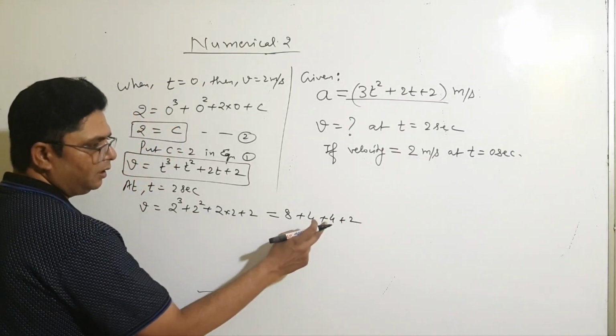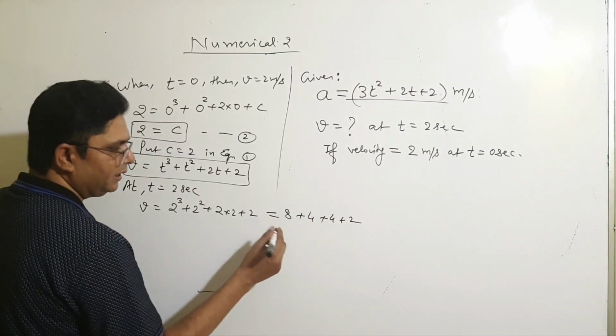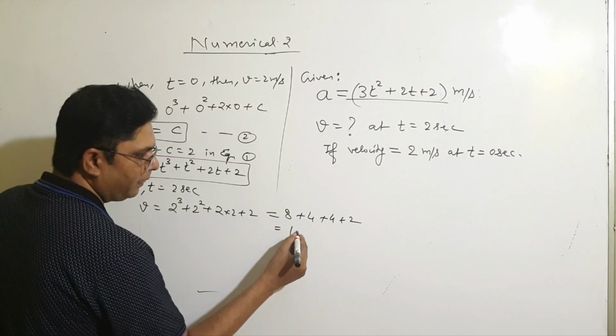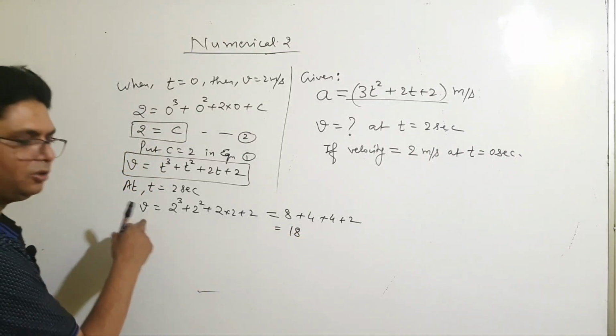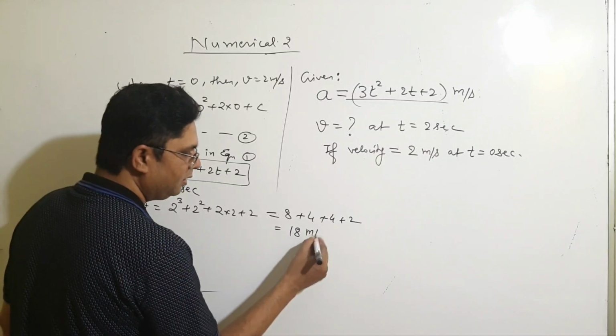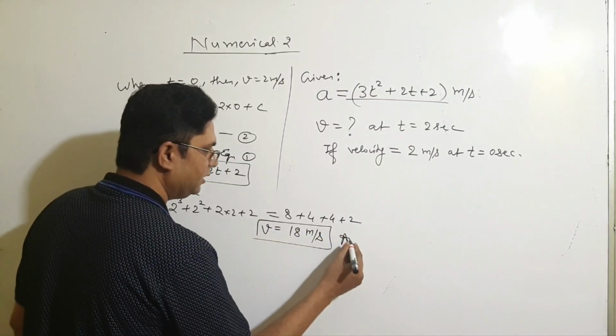Here 4 plus 4 is 8, and 8 plus 2 is 10, plus 8, this is 18. You are finding a velocity, so this is 18 meter per second. So v is equal to 18 meter per second, answer.